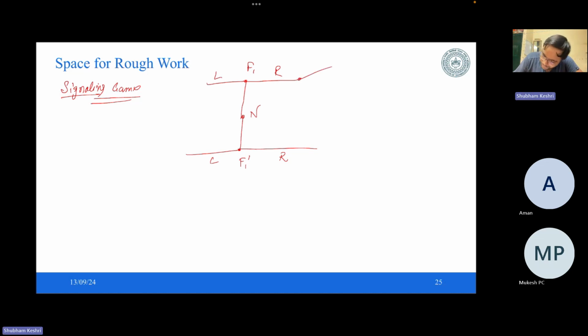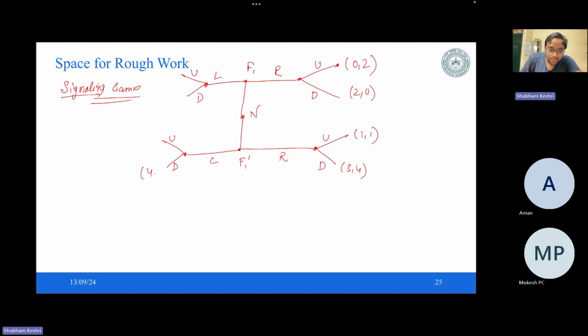Now firm2 can have two strategies at each node. He can either play up or down, up or down, up or down, up or down. And the utilities are 0, 2, 2, 0, 1, 1, 3, 4, 4, 3, 0, 5, 5, 3, and 2, -1.